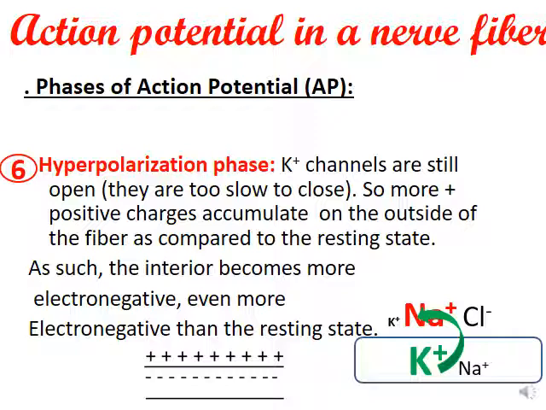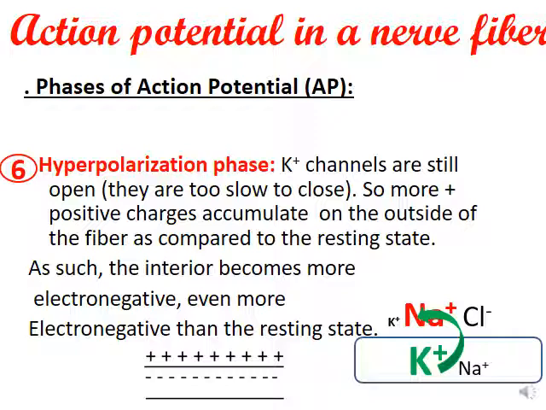That's why the negativity will be more than that in the case of the resting state. So this is the interpretation at the level of the ions for the hyperpolarization.